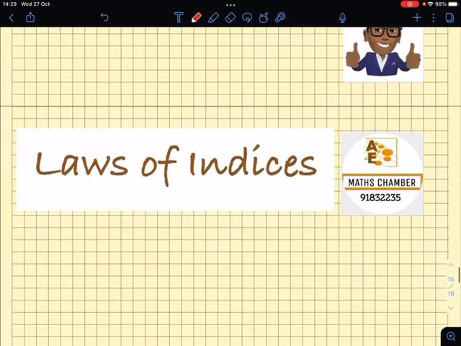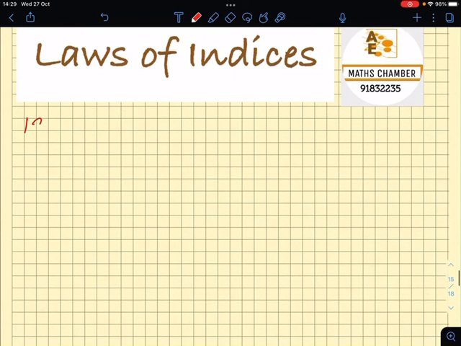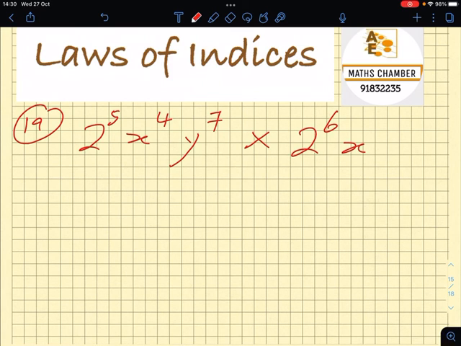Number 19, let's go to the next page. Number 19, where we have 2 to the power of 5, x to the power of 4, y to the power of 7, multiplied by 2 to the power of 6, x to the power of negative 2, and y to the power of 1. You don't have to write 1, okay? It's understood to be 1, right?